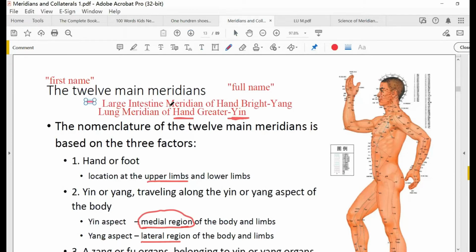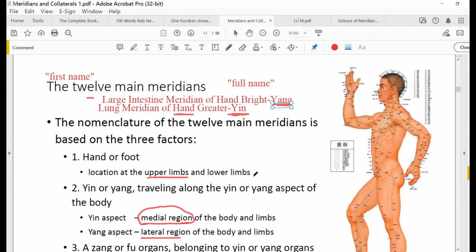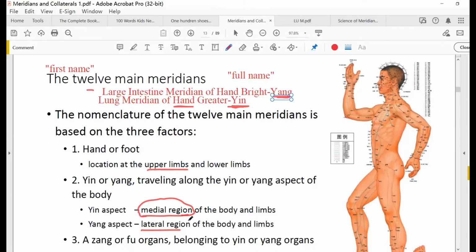Large intestine meridian of hand. So this one is still the hand, on the upper limbs. And this one is called bright yang. So this one is a yang meridian. That means this one will be at the lateral region of the body and limbs.